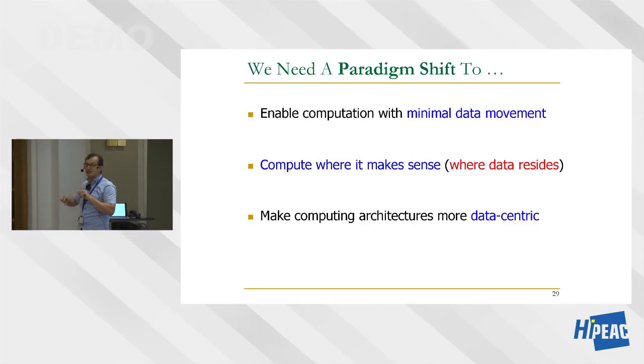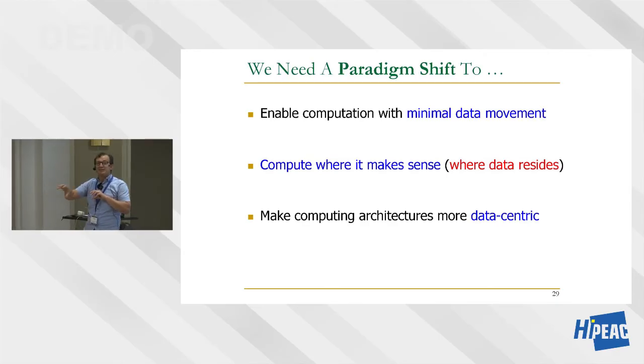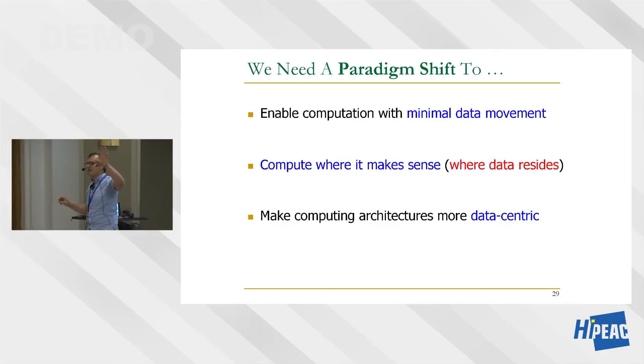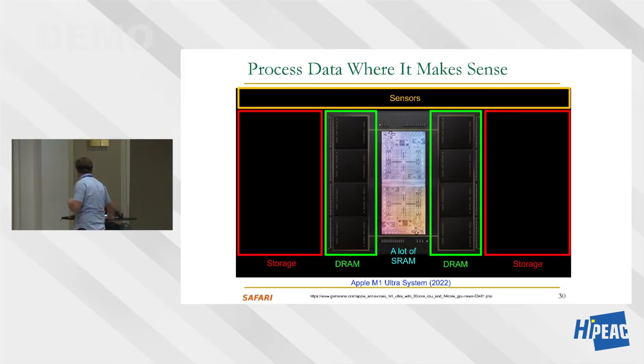In most cases, you may want to do processing in the storage, in the sensor, in the memory, in the interconnect, in the memory controller, in the cache, maybe in the register file. In GPUs, they have a huge register file, so don't underestimate that. And sometimes, like maybe 5% of the time, in the compute unit. That's my perspective. So we want to make computing architectures more data-centric.